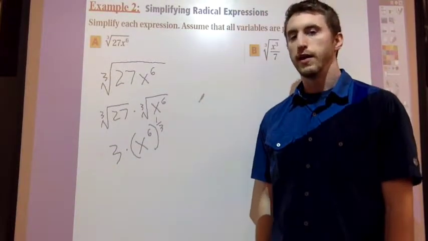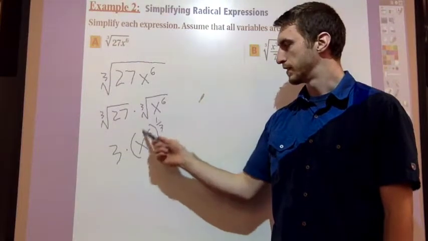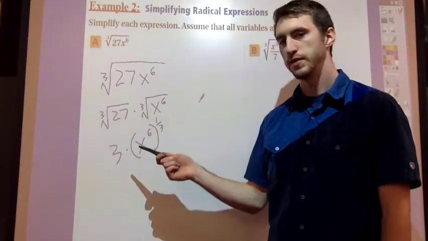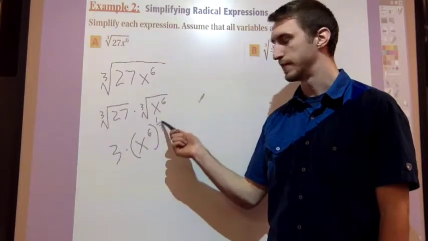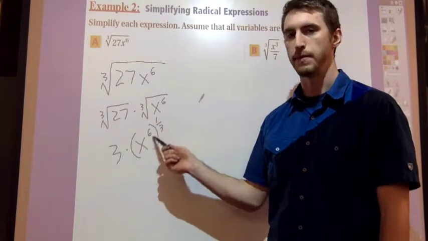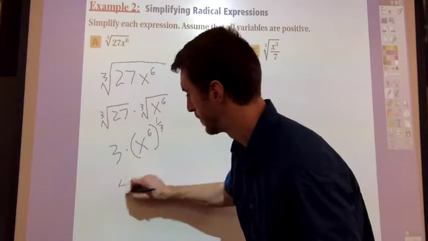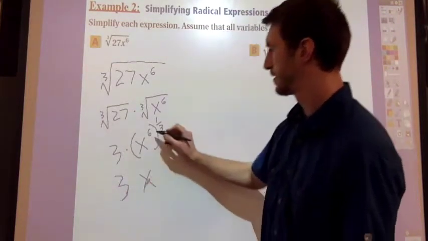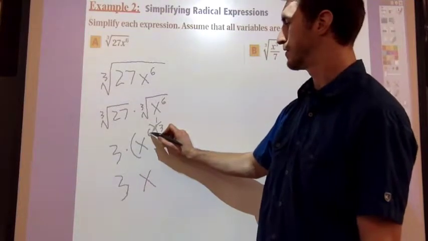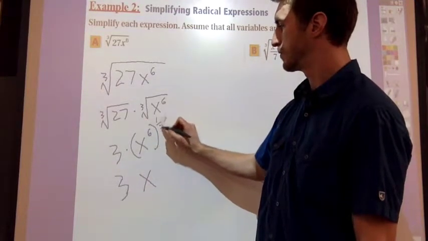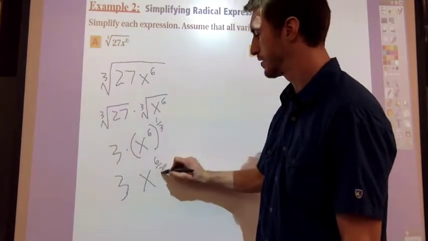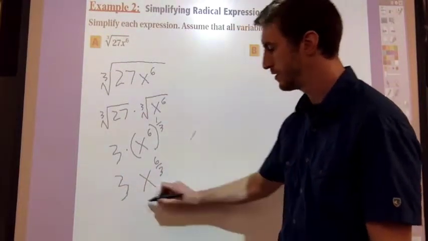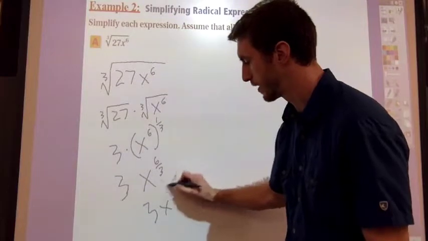Now I've got to figure out what to do with this. If you remember, with properties of exponents, if you have an exponent raised again to an exponent, they multiply. So this becomes 3 times x to the 6 times 1/3, which is 6/3. 6 divided by 3 is 2, so this is going to be 3x squared.